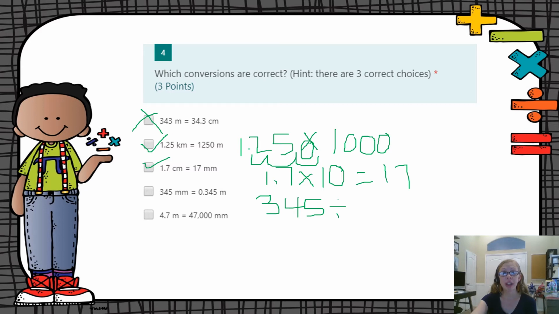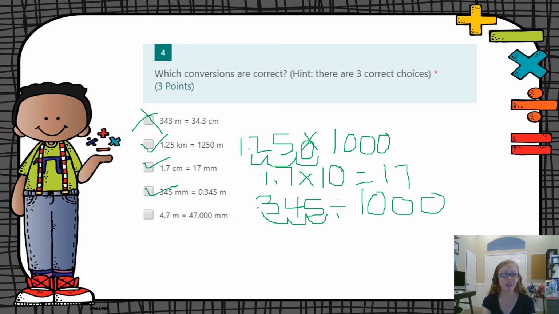So there are 1,000 millimeters in 1 meter. So 345 divided by 1,000. That's where I can move my decimal point to the left 1, 2, 3 times. I put that decimal point back in. And yes, I can see here's my third correct conversion.